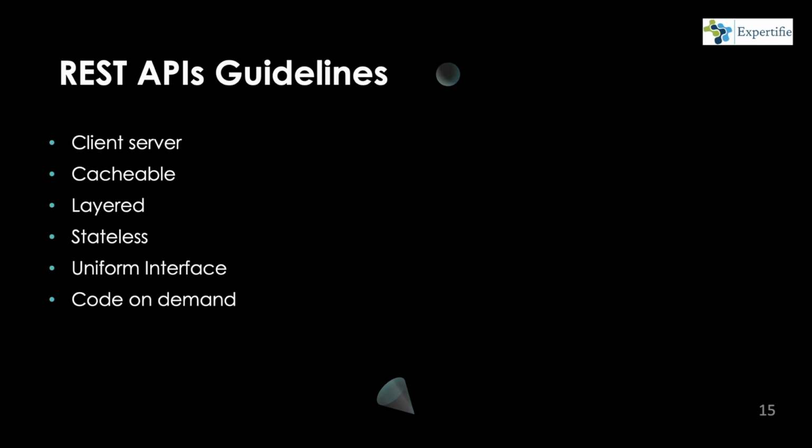And third is layered. Layered means that the REST APIs are enabling two components to communicate with each other. As we have seen in earlier slides, there is a chance of client to server communication, and also of server to server communication.